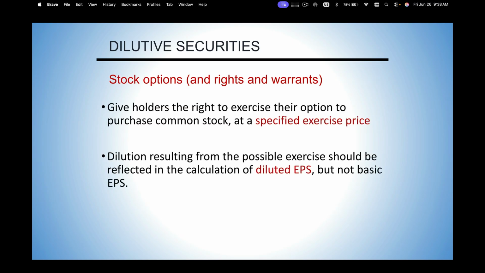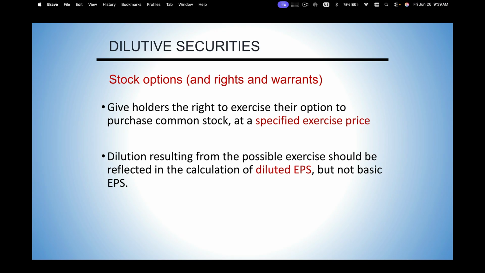For stock options, these give the holders, as long as they are in the money, that is, the fair value is greater than the exercise price, the right to exercise their option at the exercise price. But only the ones that are in the money are considered dilutive, because we assume the ones that are not in the money would not convert.